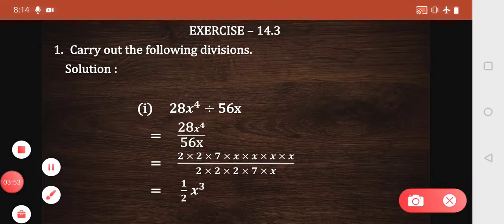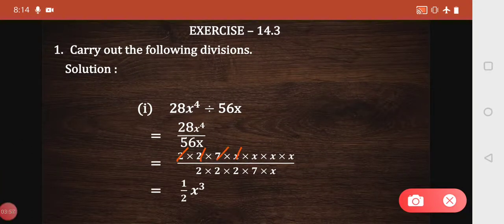Here let's once cross check the cancellation. 1, 2, 3, this x we have cancelled. So, in the numerator 3 x's will be left, x multiplied by x multiplied by x, that is x cube, and in the denominator 2 will be left. So, we write the numerical value as a fraction, that is 1 upon 2 into x cube.